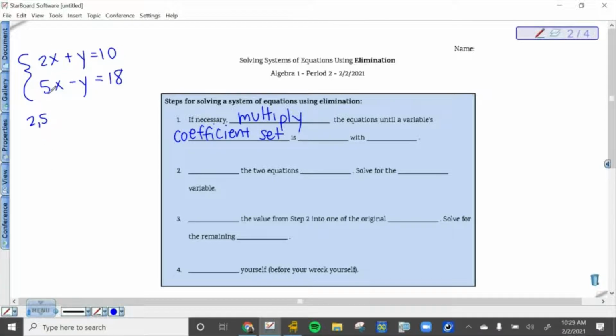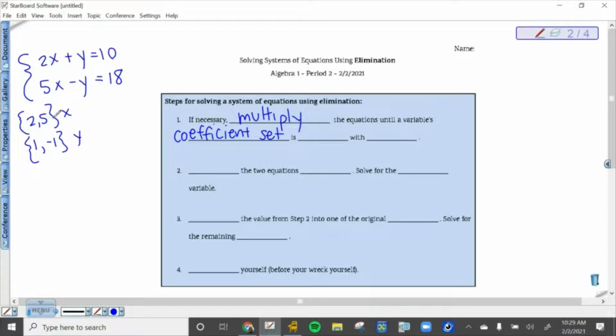Those are the coefficients of x. What would be the coefficient set for y? 1 and negative 1. That's x and that's y. So the coefficient set is just saying, looking at the coefficient, the number being multiplied by the variable we're looking at.